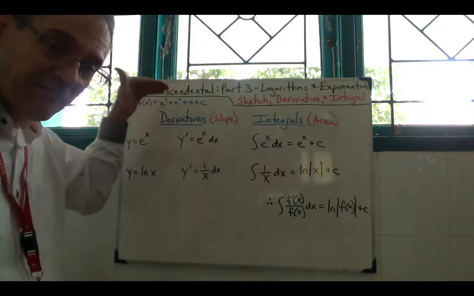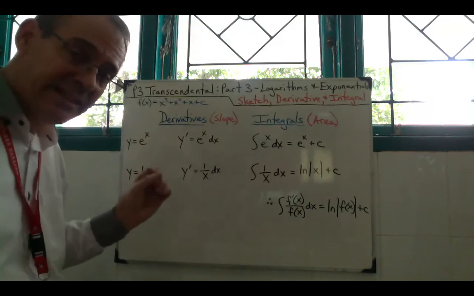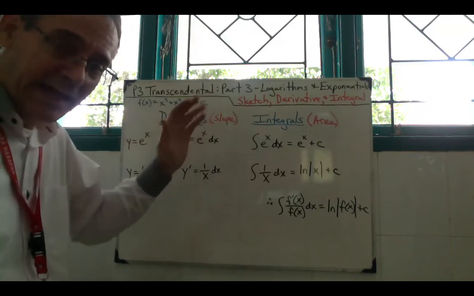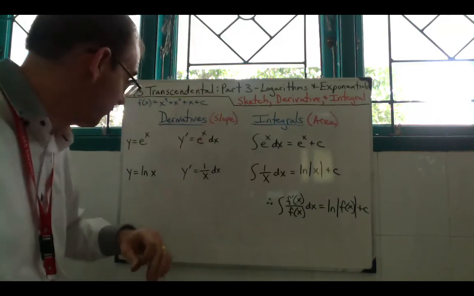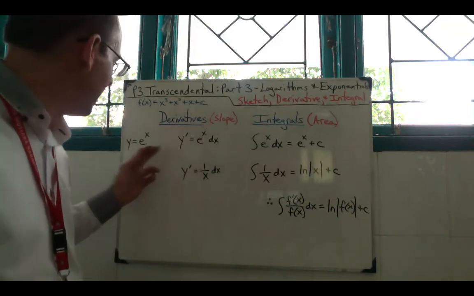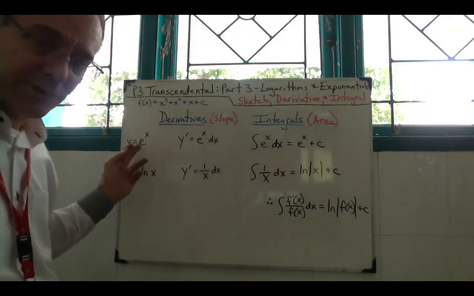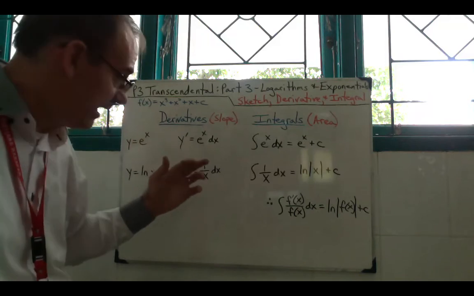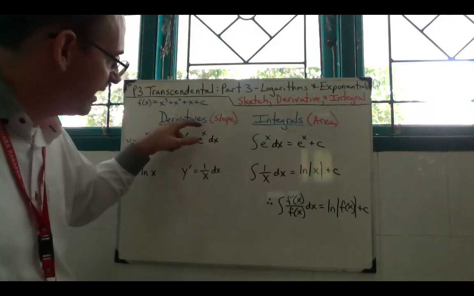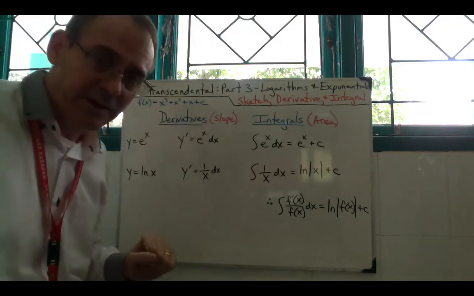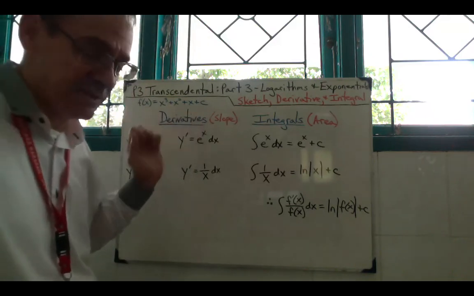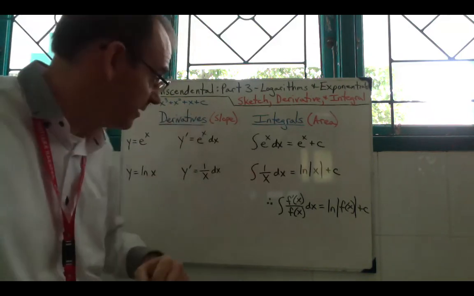So the value on the y-axis is equal to the slope as you go around the curve. So it makes it quite easy to do the derivative. The derivative of e to the x is just e to the x, but don't forget to do the dx, which is the derivative of the exponent, especially if your exponent is expanded.